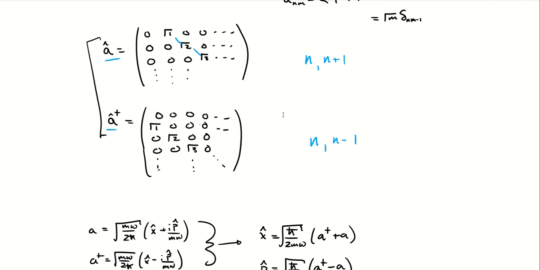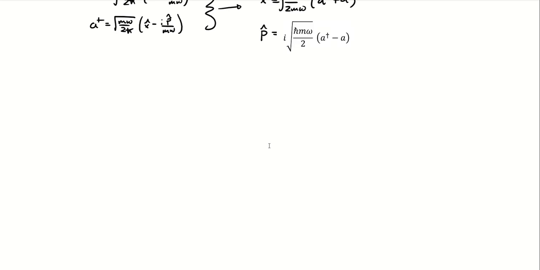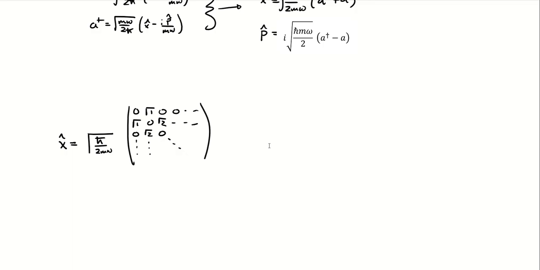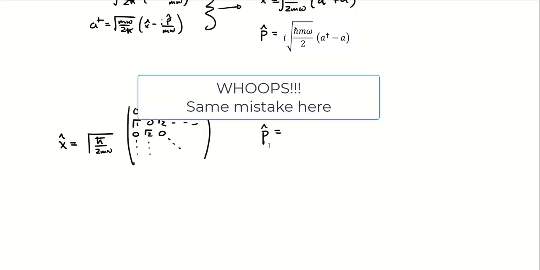So we can really quickly get the position operator in our matrix representation. It's essentially just the square root of h bar over 2 m omega times a matrix with zeros along the diagonal, but with off-diagonal elements root 1, root 2, 0, and that's what our position operator looks like in matrix representation.